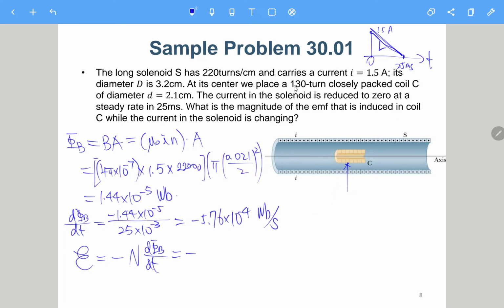This total number of turns is 130. So negative 130 times negative 5.76 times 10 to the minus 4. This number is 75 millivolts. Not a big value, 75 millivolts, which means 0.075 volt.